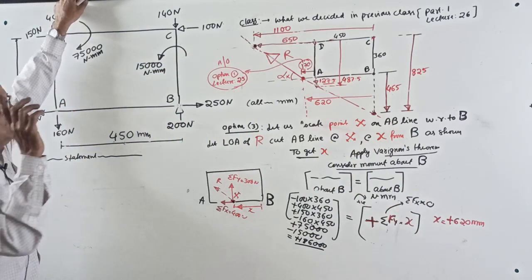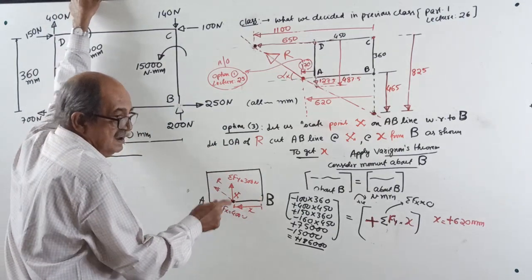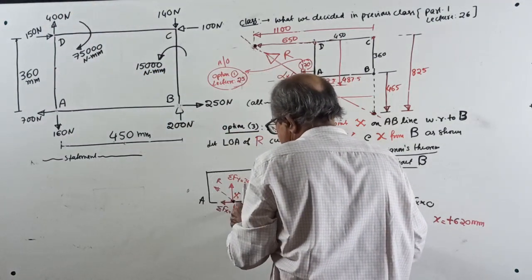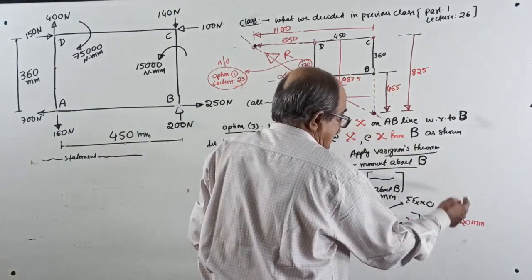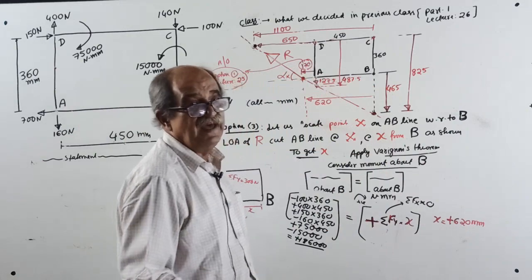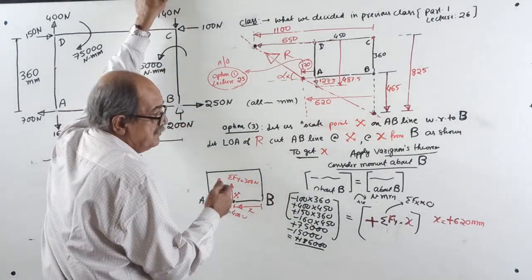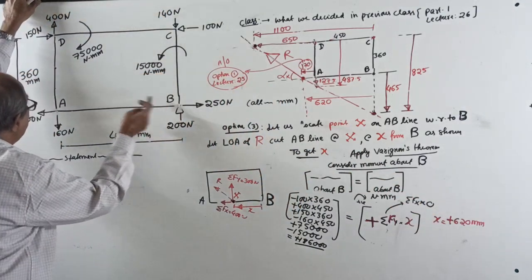Okay, now come here. One statement required. We considered the point x on the AB line at a distance of x to the left of B. Yes, the answer came plus. Therefore, the point x is really to the left of B by 620.